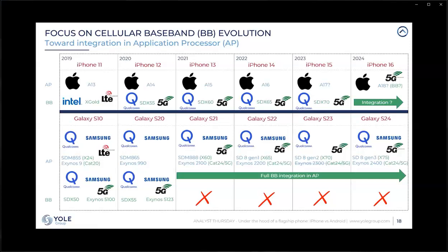But looking at the Apple side, things have been kept separated on the iPhone 14, and we expect it also to be separated in the iPhone 15, since Apple is doing its own modem integration for the next generation. Maybe from iPhone 16, we start to see an integrated modem in the application processor.